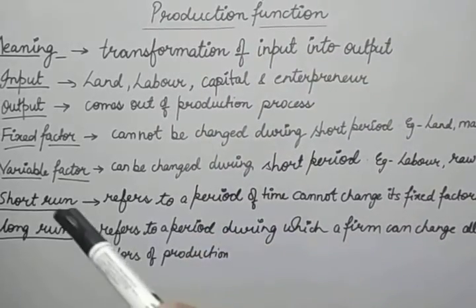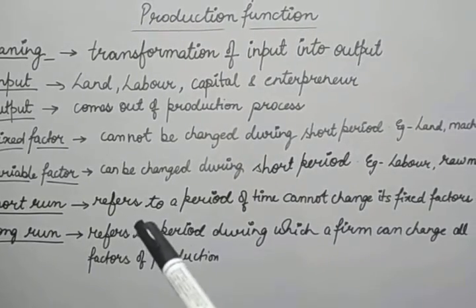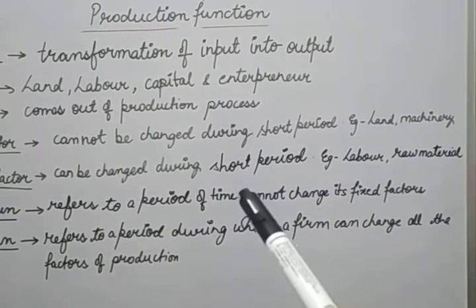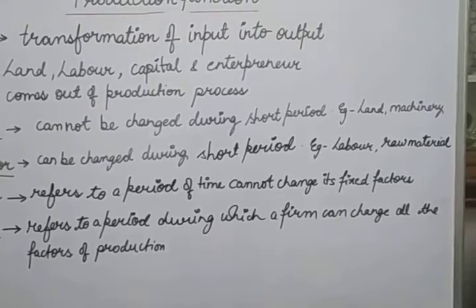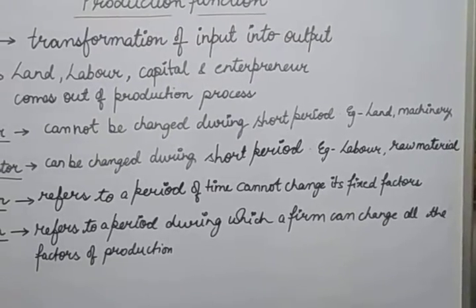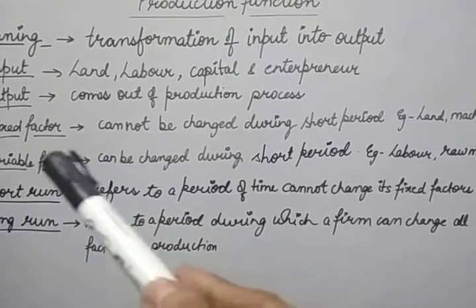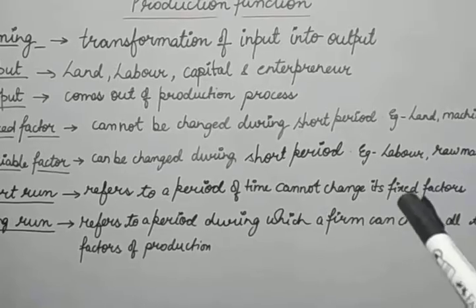Now next one is the short run. Short run refers to a period of time in which a firm cannot change its fixed factors of production. Only variable factors can be changed, because the short run is that small a time period in which we cannot change fixed factors.